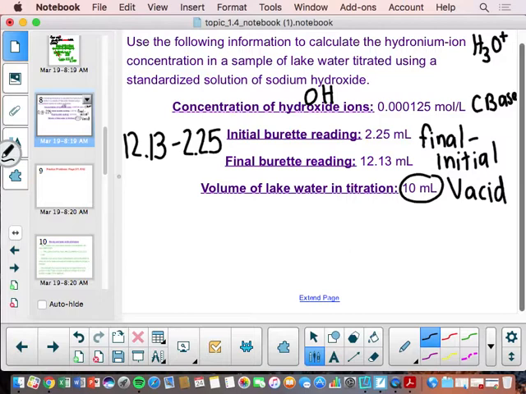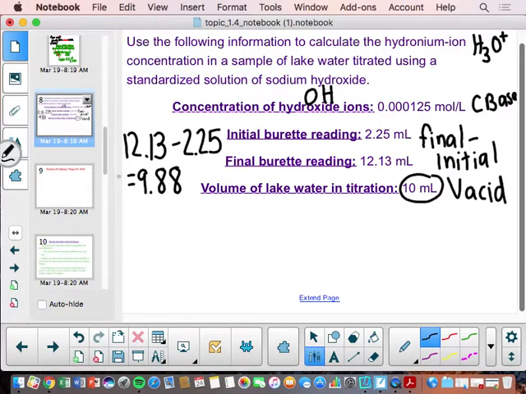So 12.13 minus 2.25. What do we get? 12.13 minus 2.25 is 9.88.